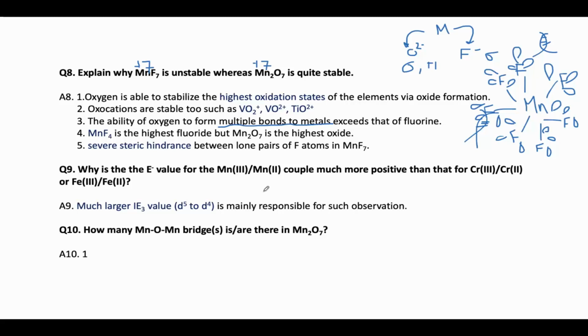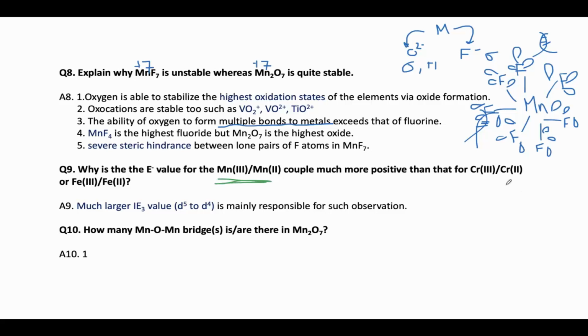If we have to go from Mn2+ to Mn3+, Mn2+ is d5 and Mn3+ is d4. So the d5 to d4 transition will be very poor, because we have to break the half-filled stable configuration and go to a less stable d4 configuration. That is actually not in favor of the Mn2+/Mn3+ couple.